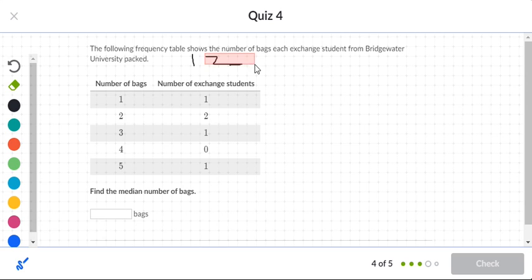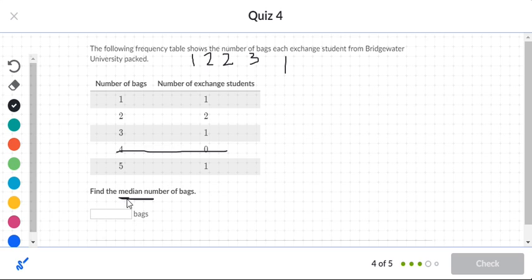Let me write a better 2 here. So we have a 1 followed by 2 twos, we have 1 three, we don't have any 4s, and we have 1 five. So we don't need the 4s.